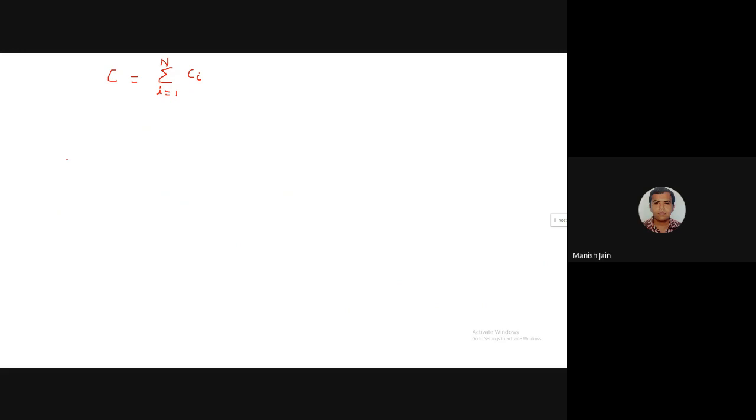Now, after defining the total concentration, you can define the mole fraction of component i.